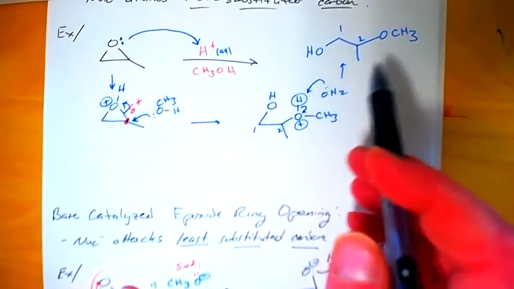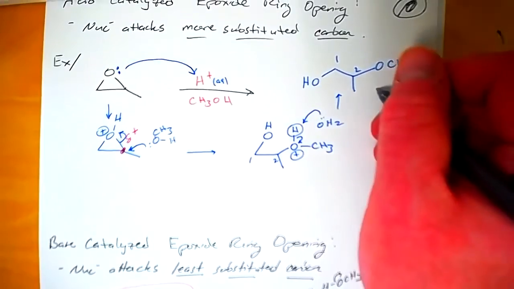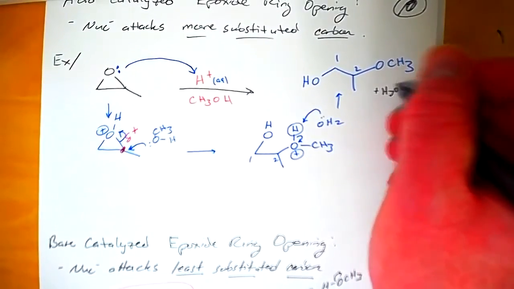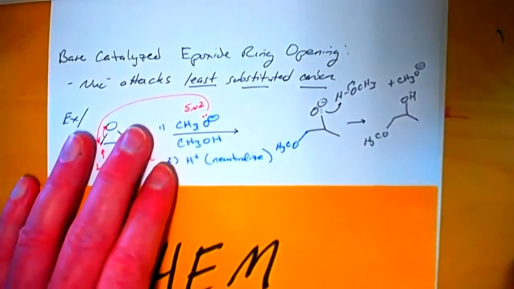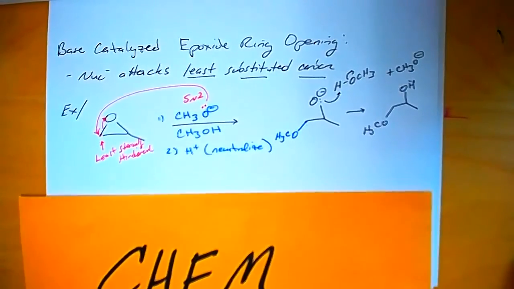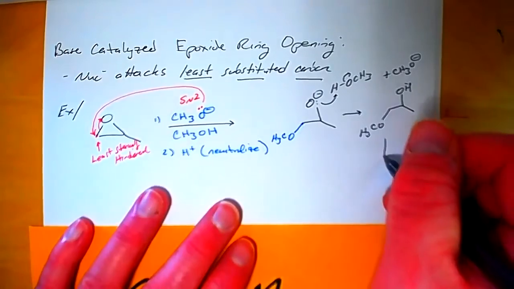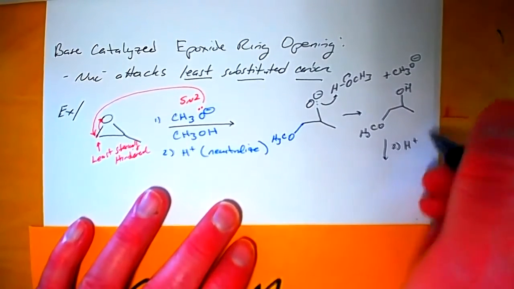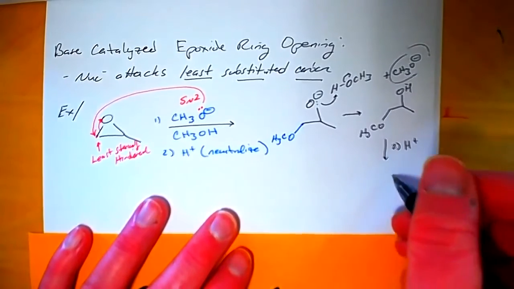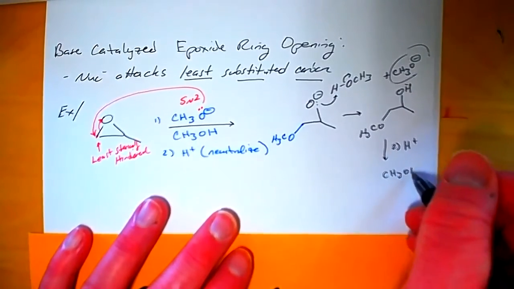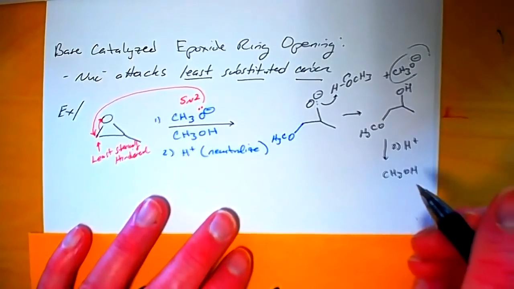Just like up here, you regenerate your acid in the last step, which can go and assist in the ring opening up there. Now, the reason why we have to acidify everything in a second step is obviously you want to neutralize that base up there. So that will neutralize that to methanol. It'll get protonated.